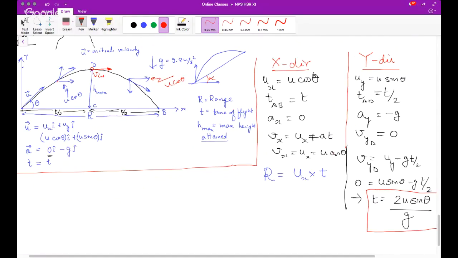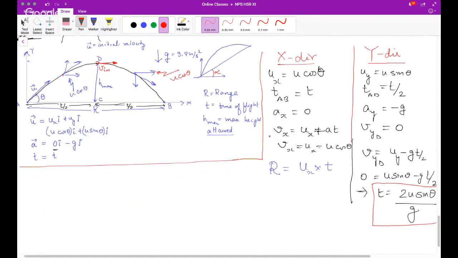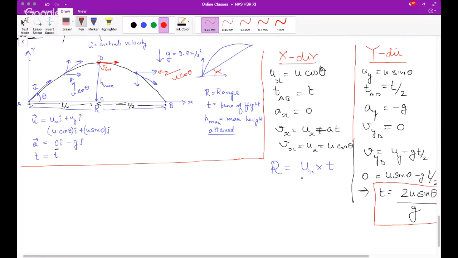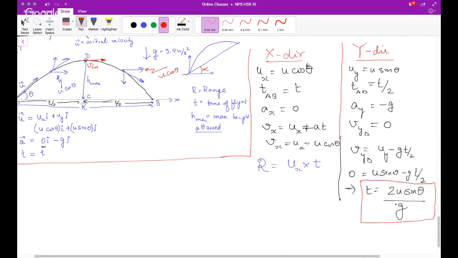Now, time of flight is known. This T was the total time taken, right? Now we can clearly find out the range from here. So let's use this particular equation, time of flight in range. What is range? Range becomes ux into t, which is nothing but u cos theta into t.